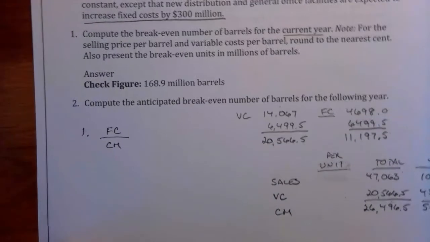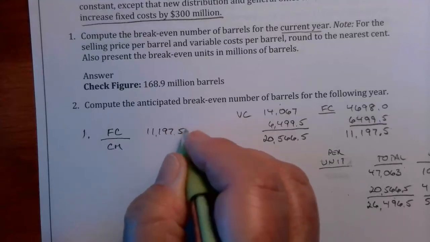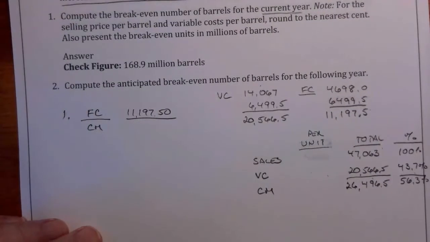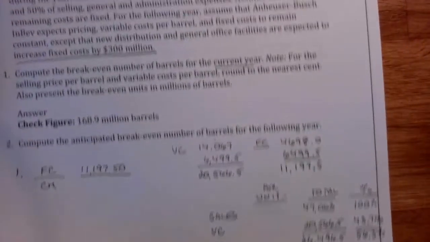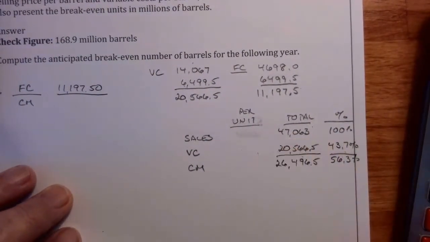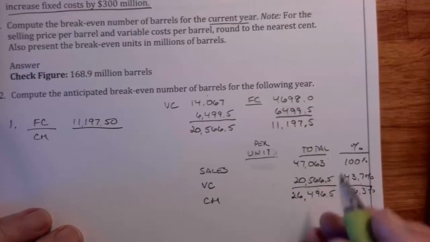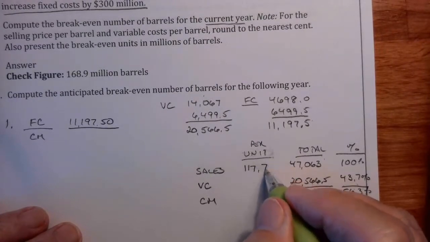So now we can take our fixed costs, 11,197.5, and divide by our contribution margin. We don't have a unit contribution margin, but they said they had 400 million barrels of beer. So if I take 47,063 and divide it by 400, that gives me a selling price per barrel of 117.7.